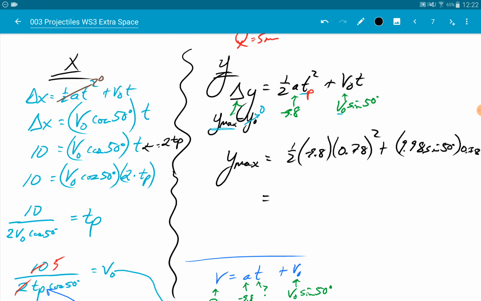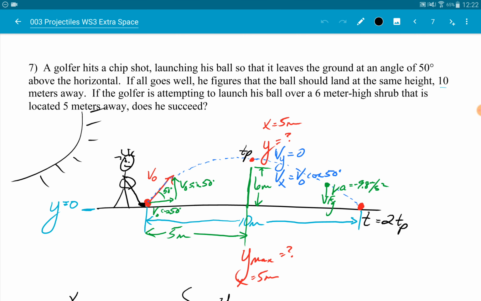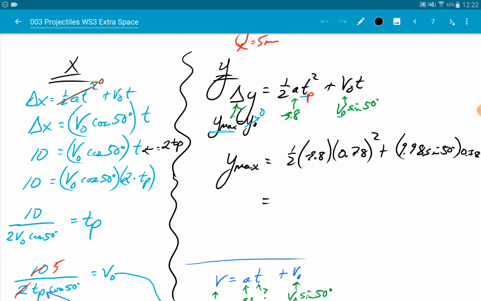Good thing we saved all of those values. So then I do 0.5 times negative 9.8, my time, and I can square that, plus my v that I stored for velocity, and then times the sine of 50, multiplied by my t. And I get 2.98 meters for a y max there.